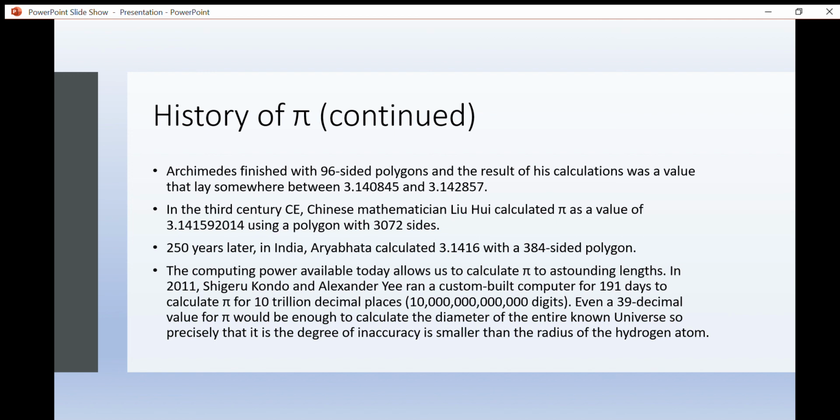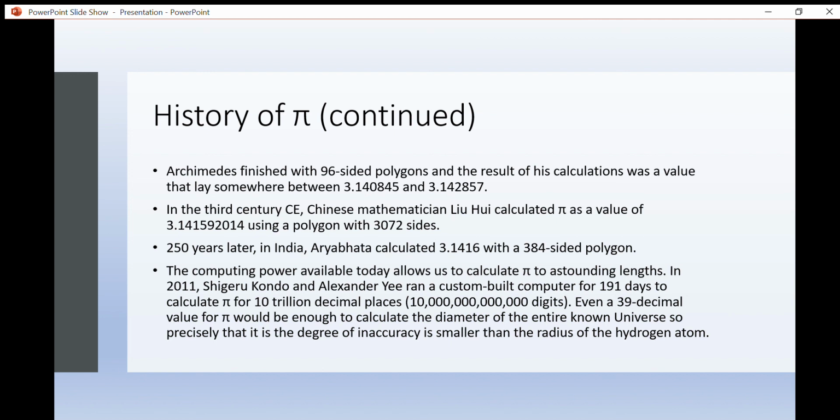So take into comparison a hydrogen atom. You can't see it. It's so small you can't see it. And the hydrogen atom looks like a circle. It's theorized as a circle. The radius of the hydrogen atom is, remember, the diameter divided by 2.